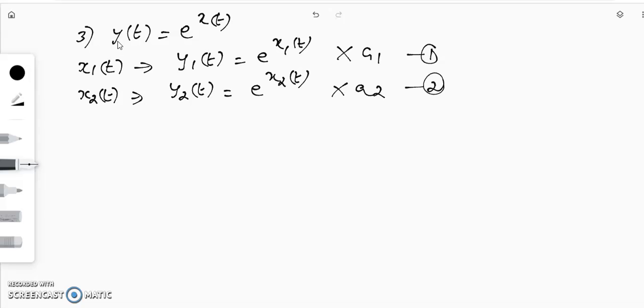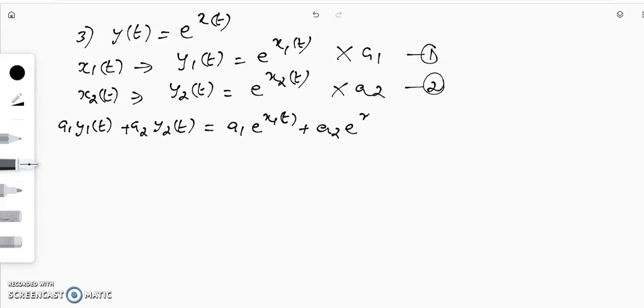Multiply 1 with a1, 2 with a2 will get us a1 y1t plus a2 y2t. It is equal to a1 e raised to x1t plus a2 e raised to x2t. Okay, this is equation 3. Now we are going to find the function of weighted sum of input, that is a1 x1t plus a2 x2t.